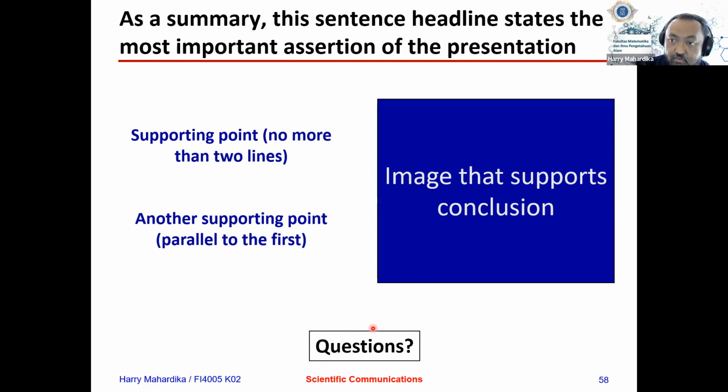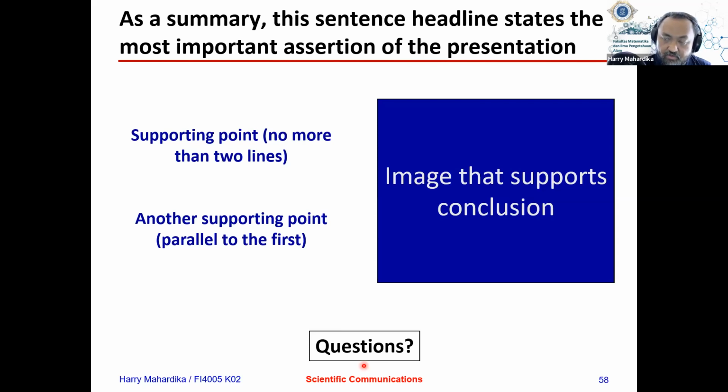If you think that this is important in your presentation, you may use this. If not, you can just say, "I guess that is the conclusion of my presentation.